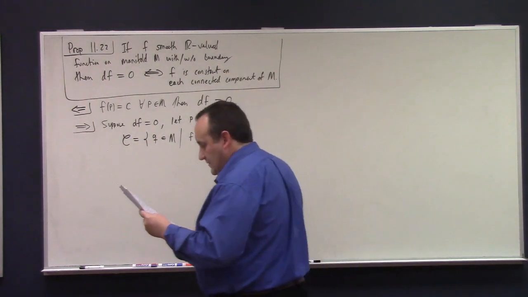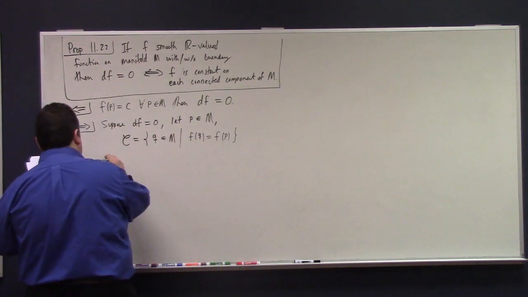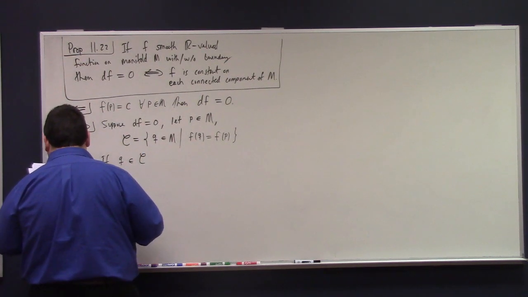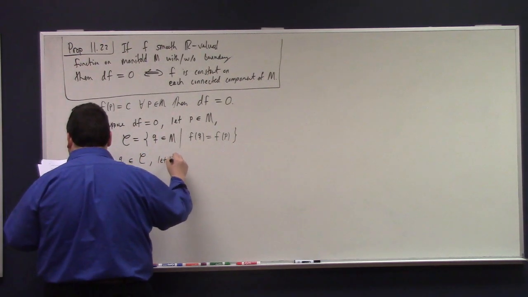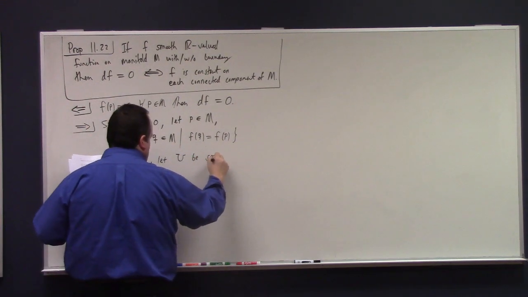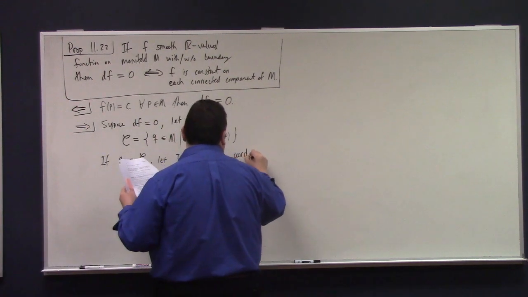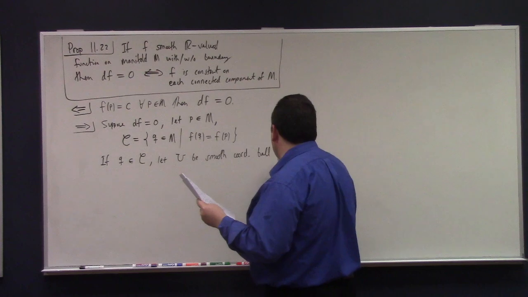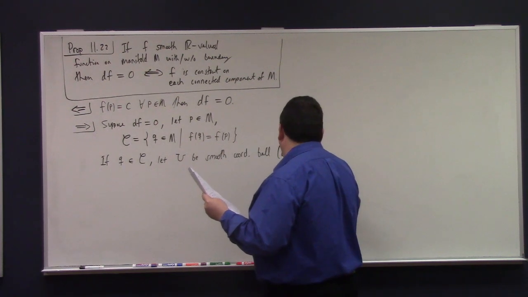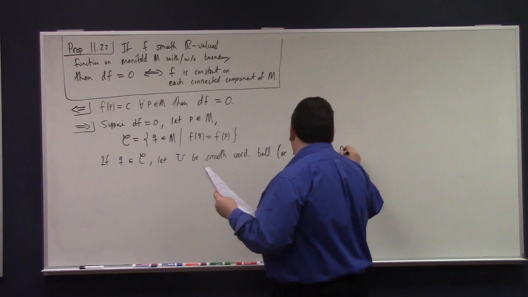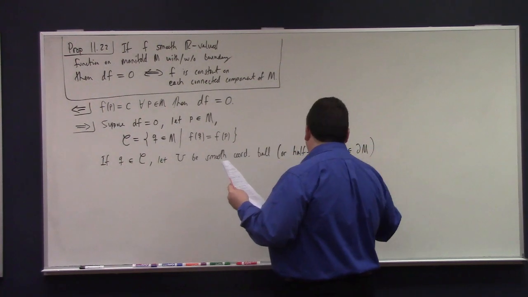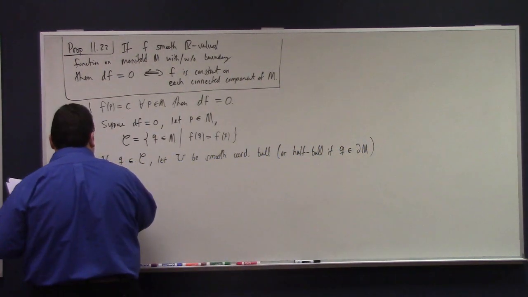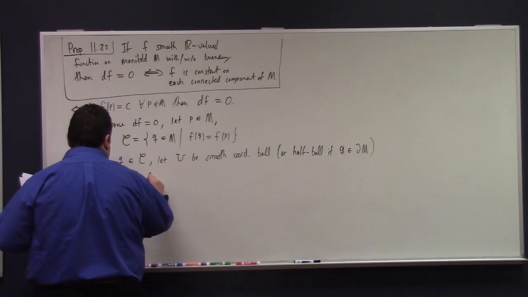All right, so he says if Q is any point in this set C, the coincidence set, let U be a smooth coordinate ball, or half ball if Q is an element of the boundary of M, centered at Q. Great.